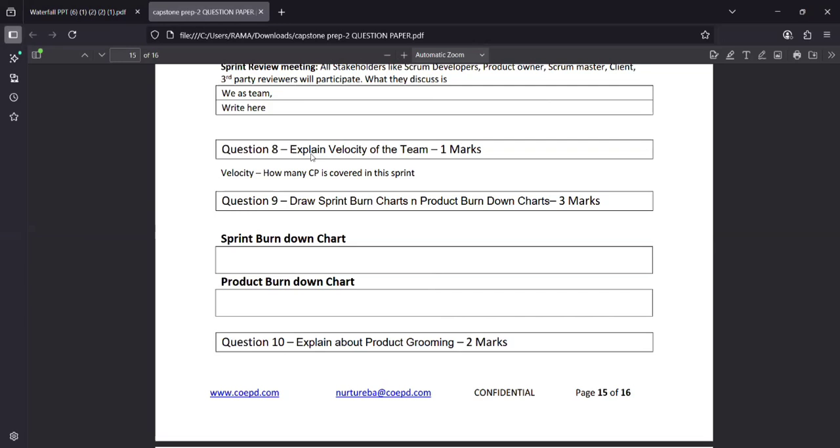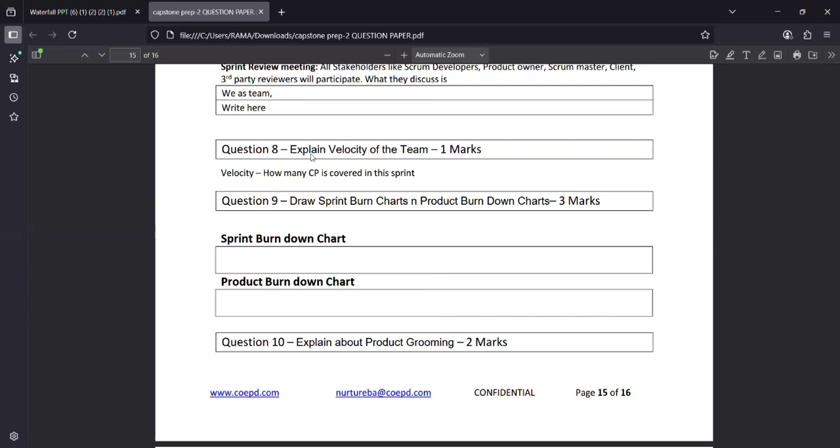So we can calculate it after completion of the sprint only, by calculating the work, whatever story points it has taken. It helps in predicting how much work the team can do in the next sprint. That is known as velocity of team.